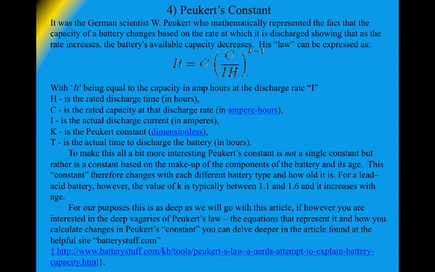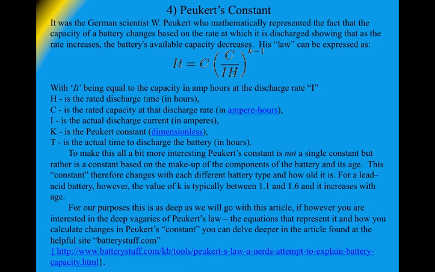I is the actual discharge current in amperes. C is the rated capacity at that discharge rate in ampere hours. k is the Peukert constant. t is the actual time to discharge the battery.